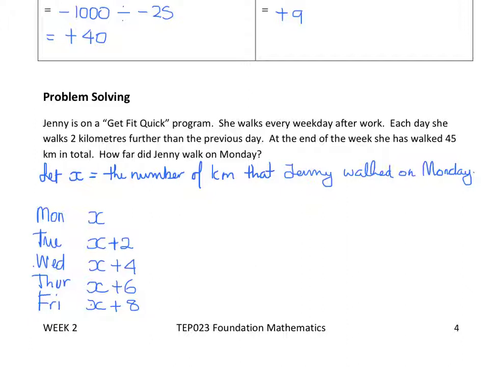In total, when we add up all of those kilometres walked on Monday, Tuesday, Wednesday, Thursday and Friday, we know they're going to add up to 45 kilometres. So let's write that down up here.